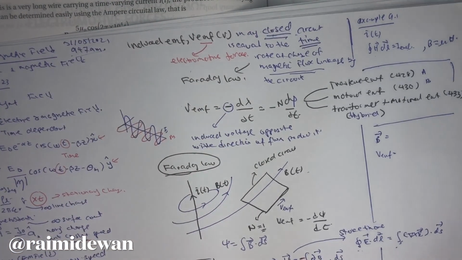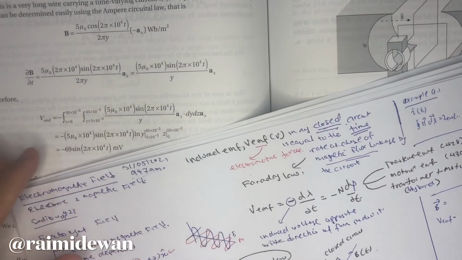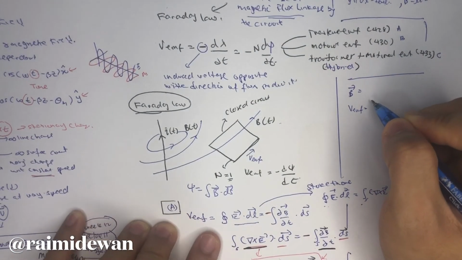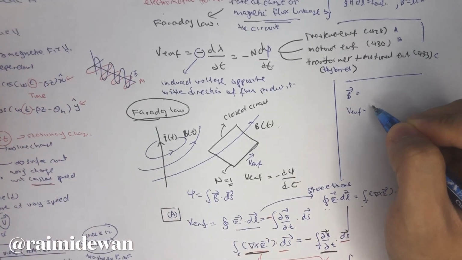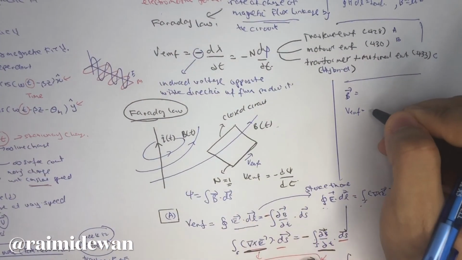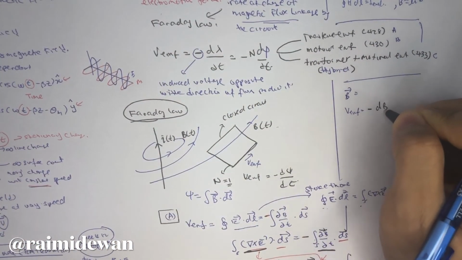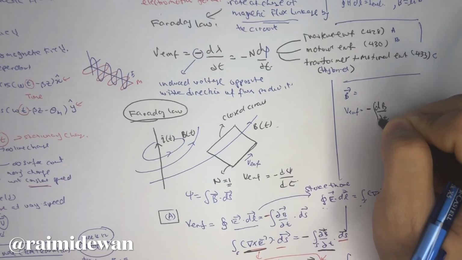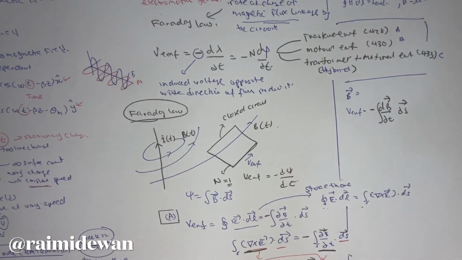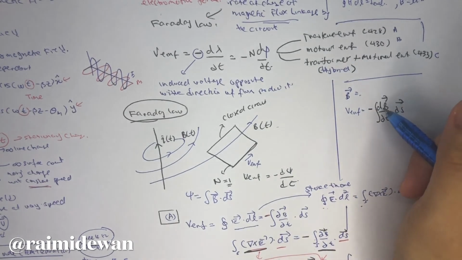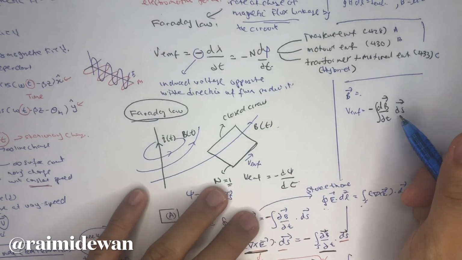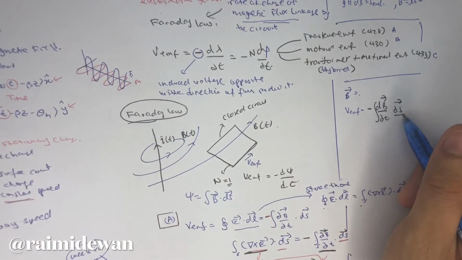It is negative dB over dt, integrated over your ds. So when you already have your B, you put it inside here, then you have dB over dt times your ds. And what is your ds here?